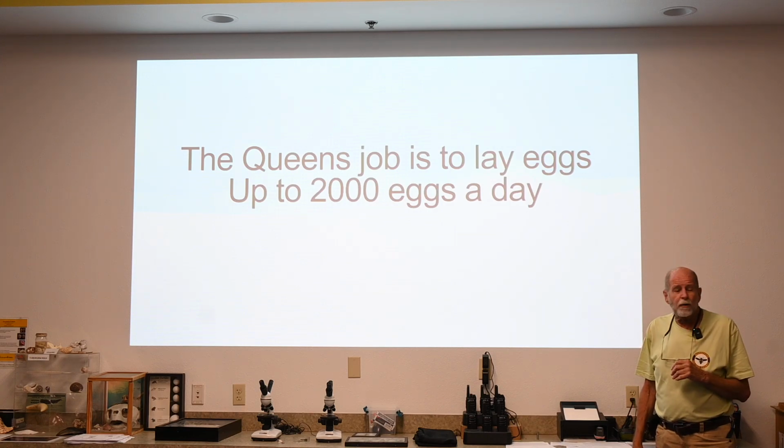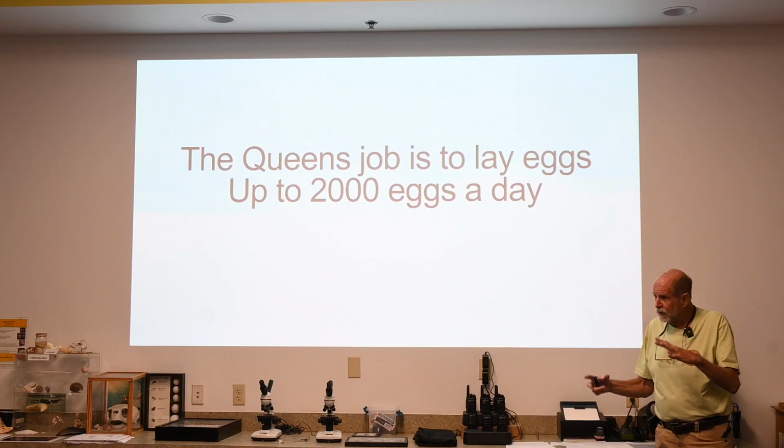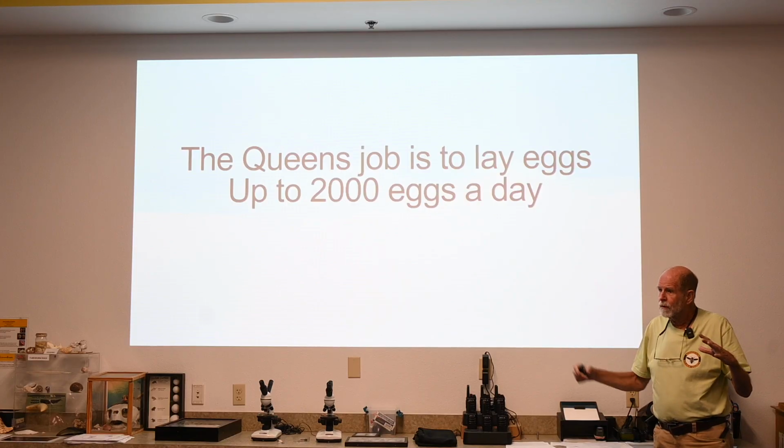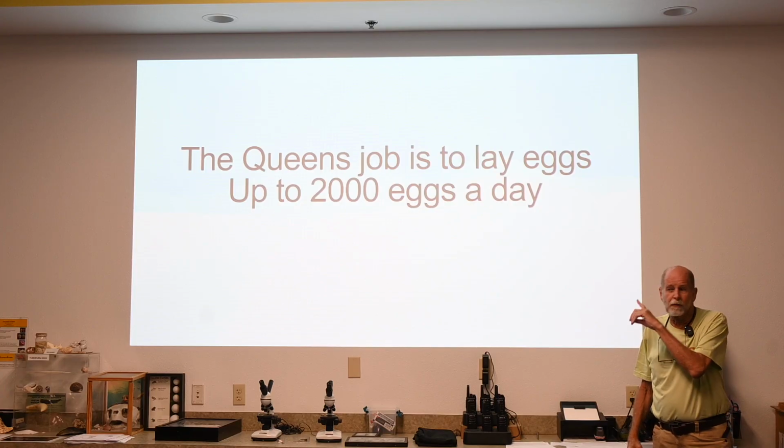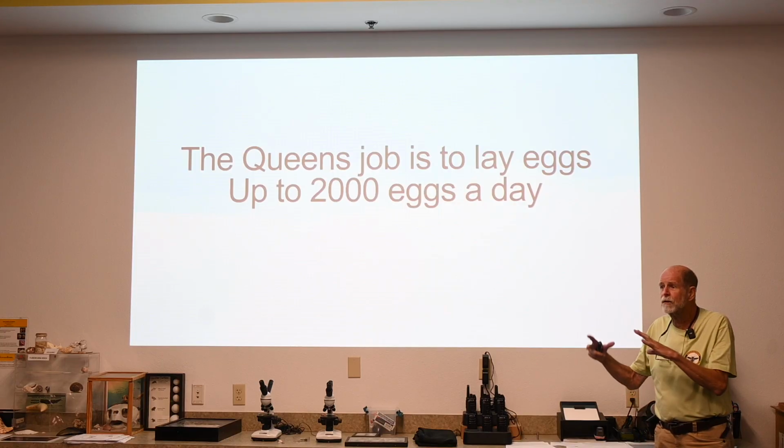Now, with her laying 2,000 eggs a day, it will cause the colony to grow, but she is not responsible for reproducing a new colony. Her job is just to lay eggs and get the colony to grow.